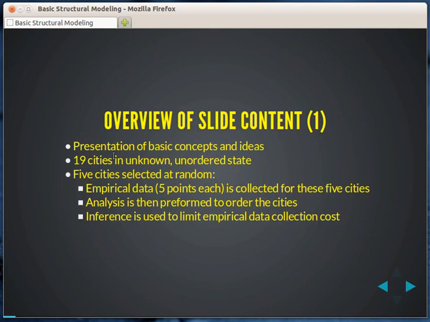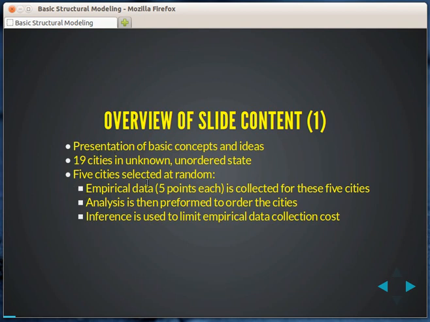So this particular problem is structuring a system, and what we're doing is we have taken 19 cities that are in an unknown, unordered state, and we are going to order them into a system. That is essentially a very basic fundamental system ordering process that we address here.